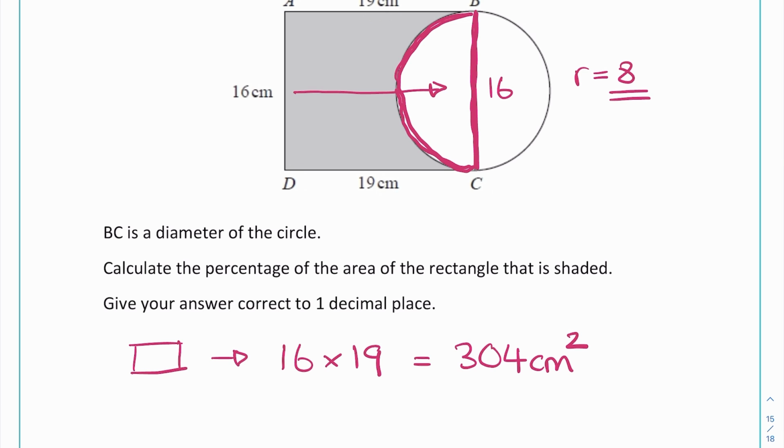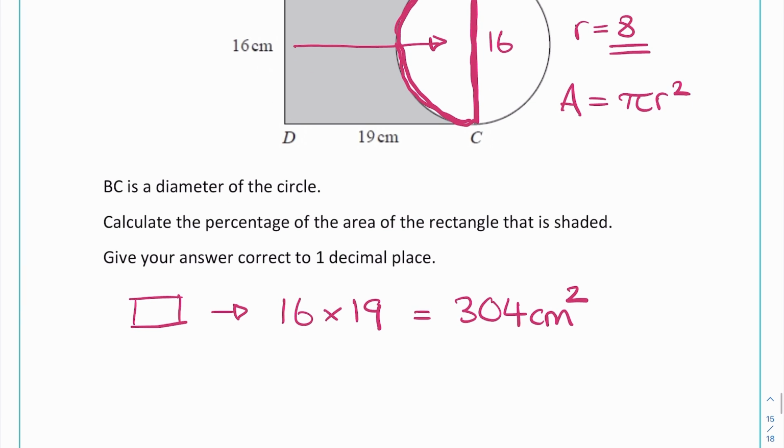The formula for the area of a circle: area is equal to pi r squared. Of course, we only really want to look at the semicircle, so we will divide our answer by 2. But let's work out the area of the full circle. So for the circle, that's going to be pi multiplied by 8 squared. I'm just going to type it in on the calculator.